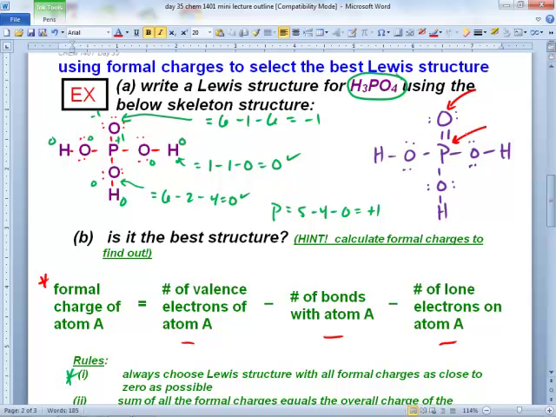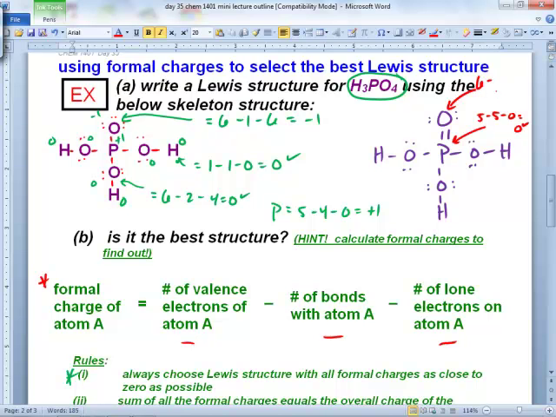Then it actually works. So phosphorus, number of valence electrons is 5. Minus the number of bonds, 5. Lone electrons? 0. So he's 0. He works. How about that oxygen? Number of valence is 6.